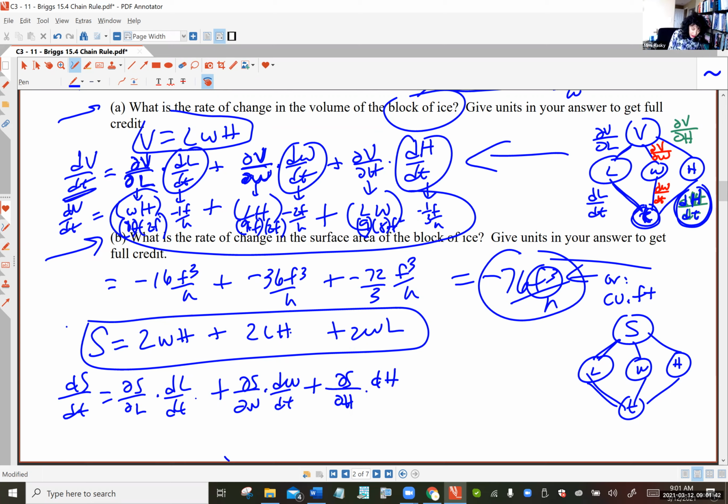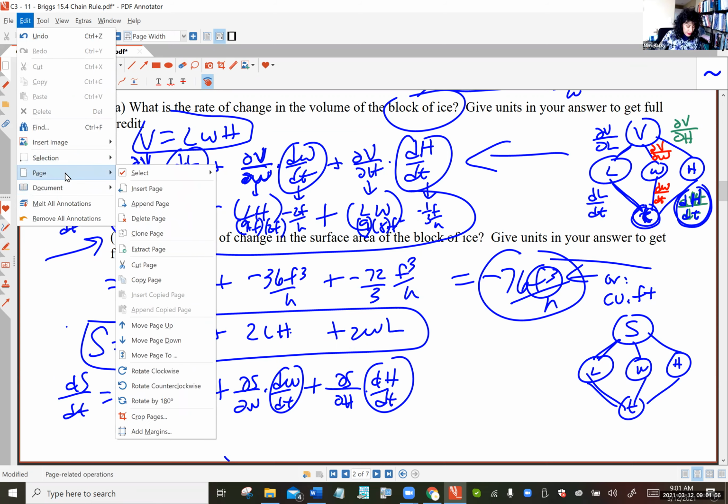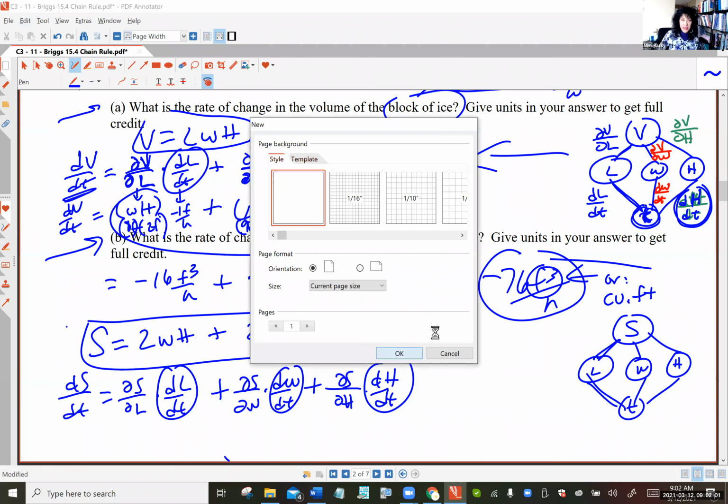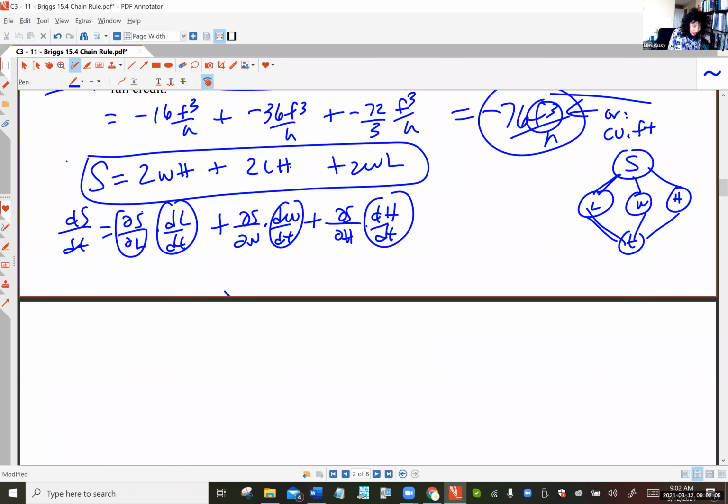And they already gave you the dL/dt, the dW/dt, and the dH/dt. Once again, -1 foot per hour, -2 feet per hour, -1/3 foot per hour, respectively. So you don't have to find those derivatives because that's a given. But you do have to get these partials, the dS/dL, the dS/dW, and the dS/dH.